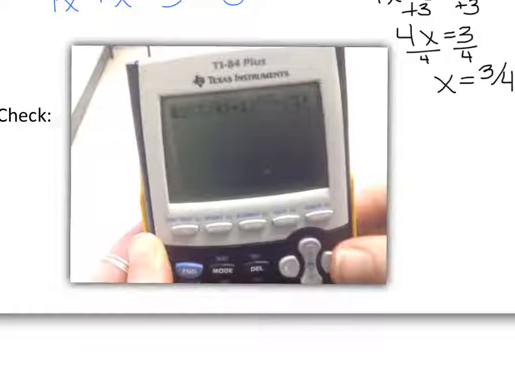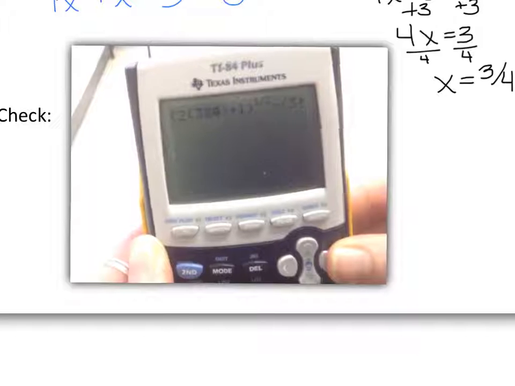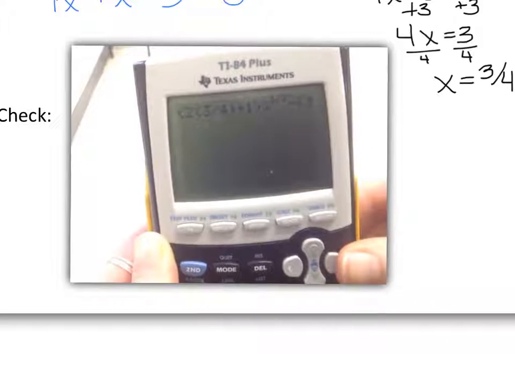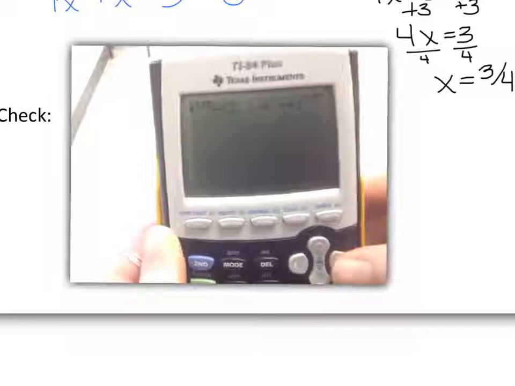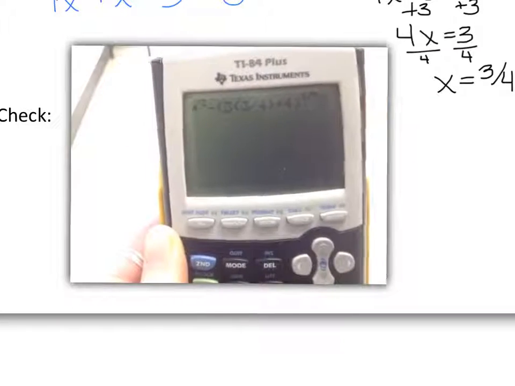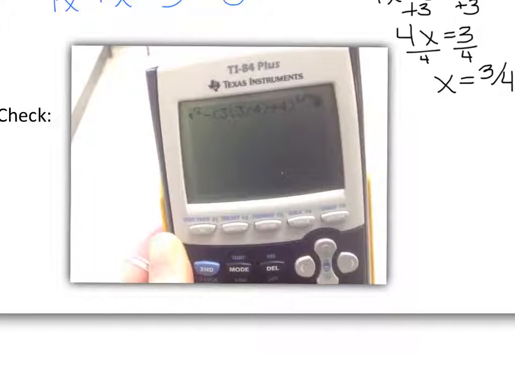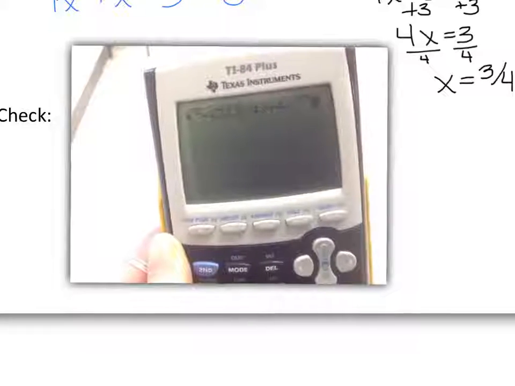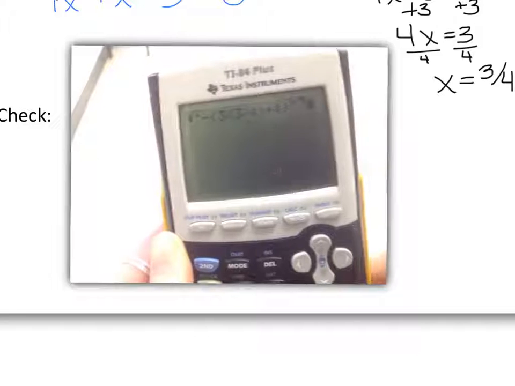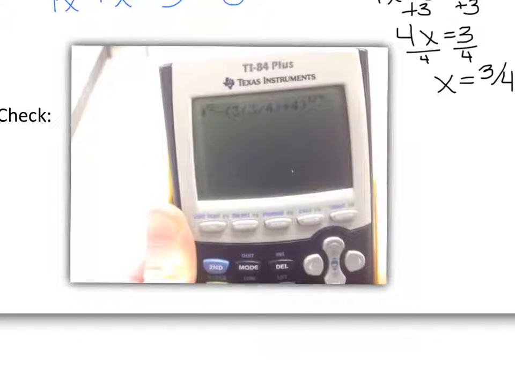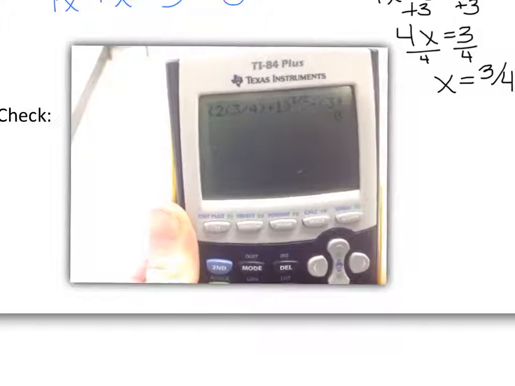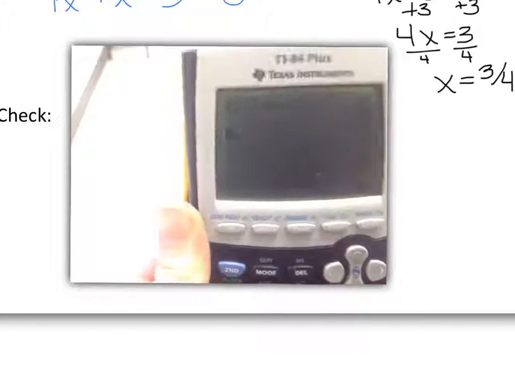So I put parentheses 2, parentheses 3/4, plus 1 to its exponent, which is 1/2. And then did the same thing over here with the 3/4 into the second part, the 3x, so 3/4 for x plus 4 to 1/4. So when I press enter, it should equal what based on the original equation? 0. Aha! It does. Hooray.